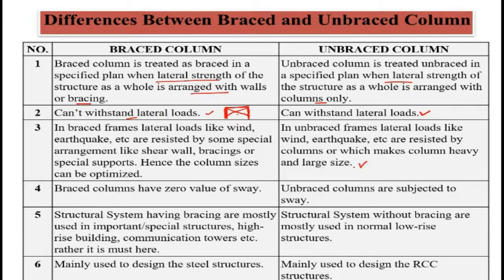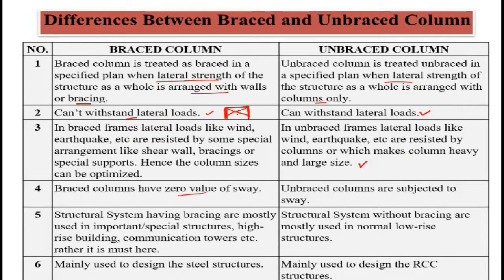So, sebab dia tak ada bracing, so untuk unbraced column, kita kena make sure dia punya size lebih besar lah. Lebih besar, lebih kuat. Sebab dia akan support the lateral load by itself.